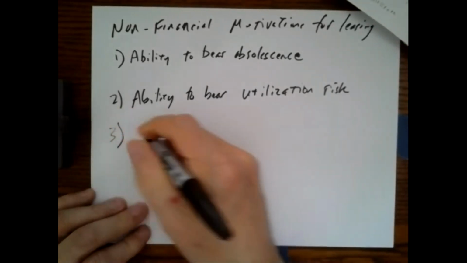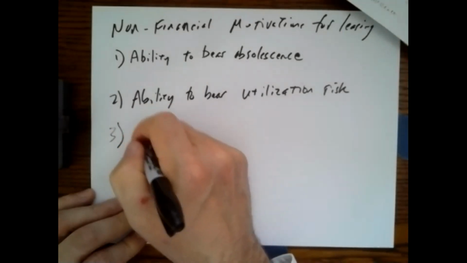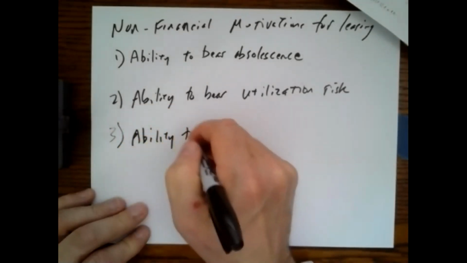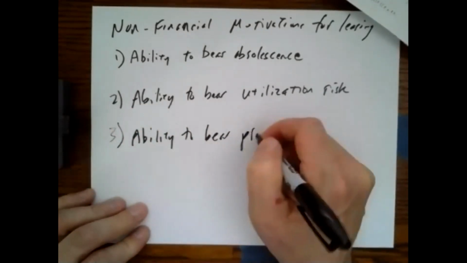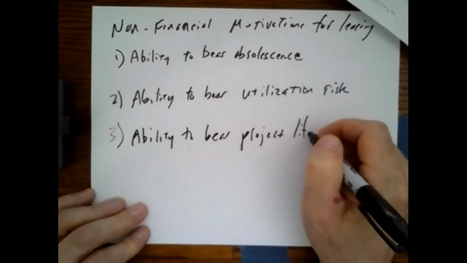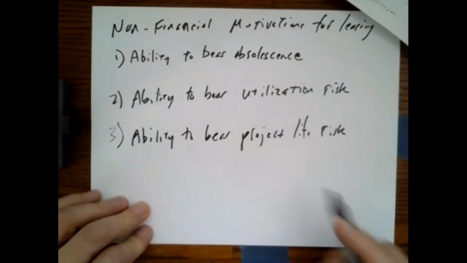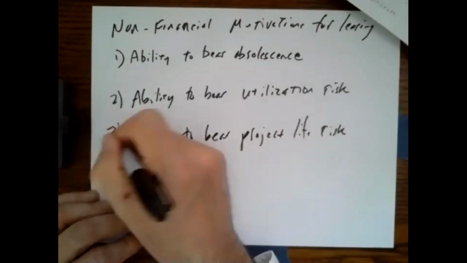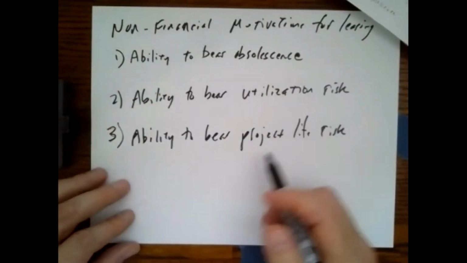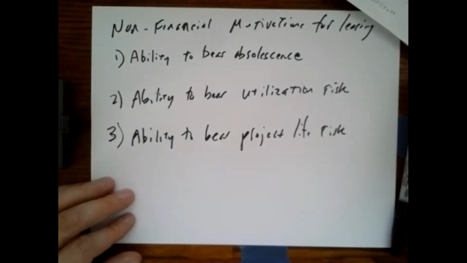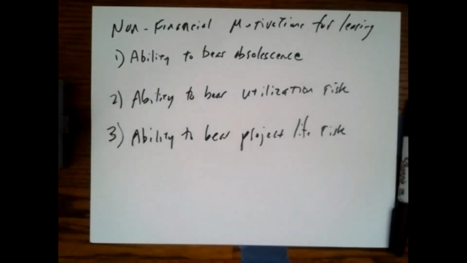A third reason is the ability to bear project life risk. It's related to the previous one, which is, what if we build it? We build this thing thinking that we're going to have years and years of demand, and in fact we burn through all the demand, and the demand dries up.